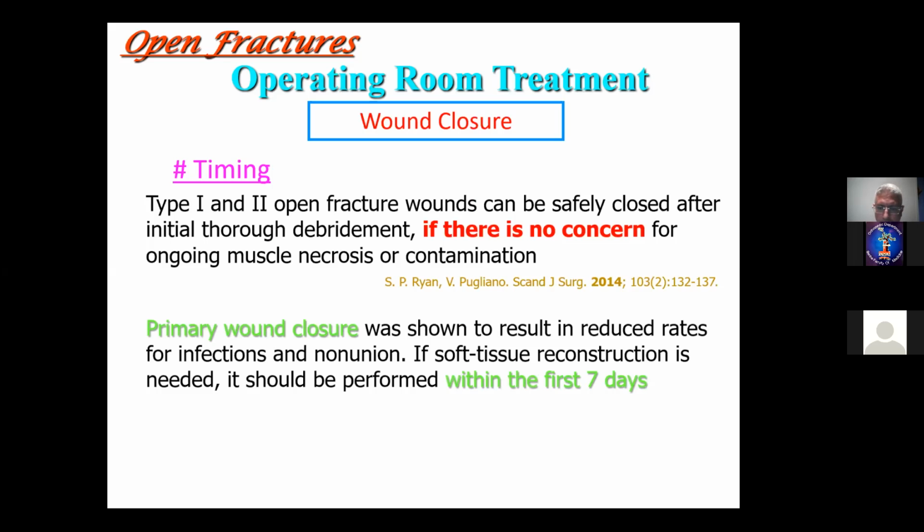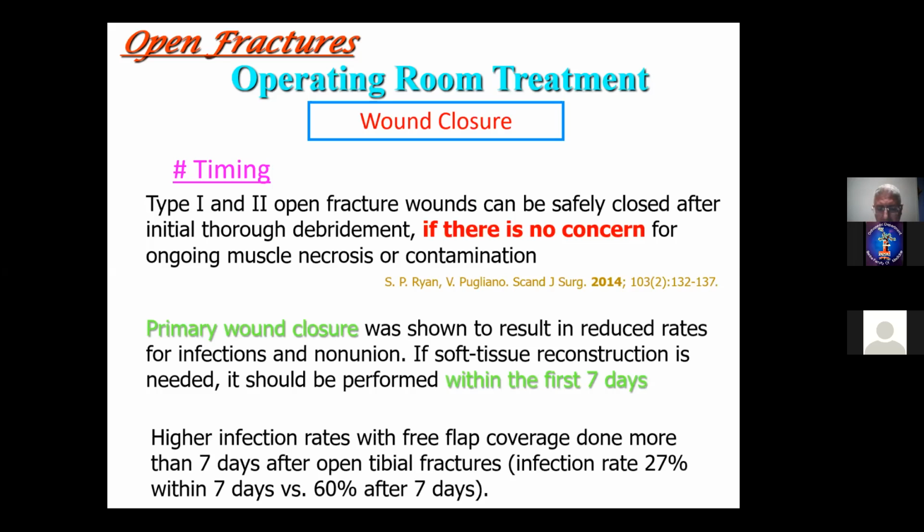Primary wound closure was shown to result in reduced rates of infection and non-union. If soft tissue reconstruction is needed, it should be done within the first 7 days. If we delay this after 7 days, infection rates increase. It may reach up to 60% after 7 days compared to 27% within the first 7 days.